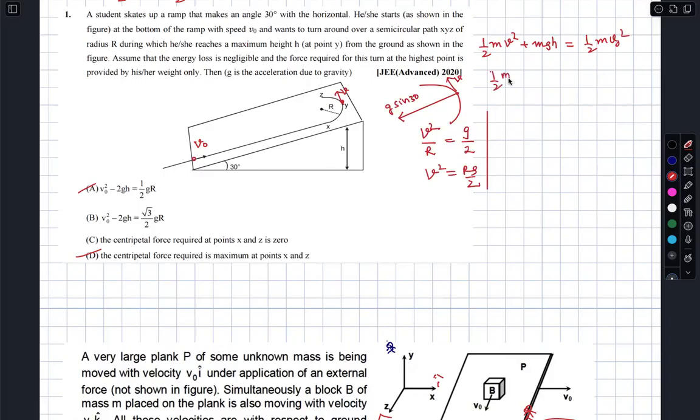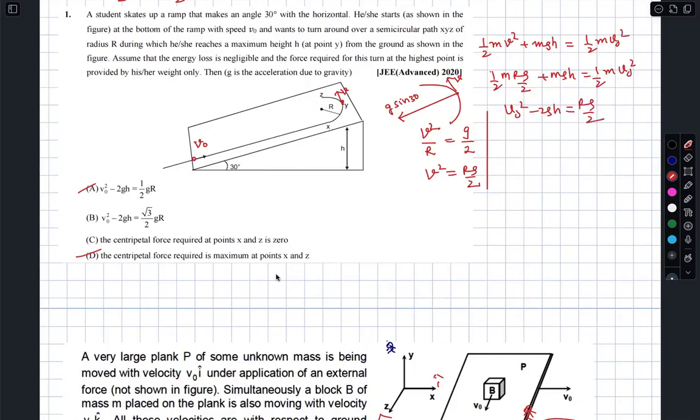Half m v square is Rg by 2, so half m times Rg by 2 plus mgh is half m v naught square. So v naught square minus 2gh is Rg by 2. So option A is correct.